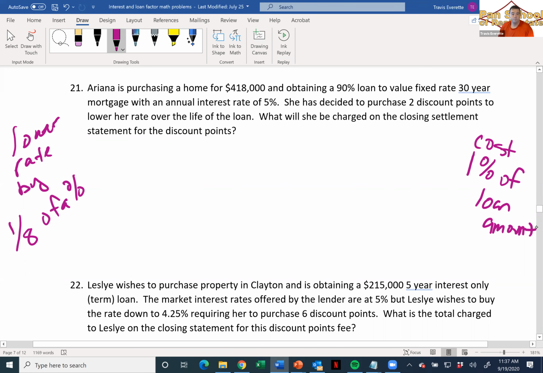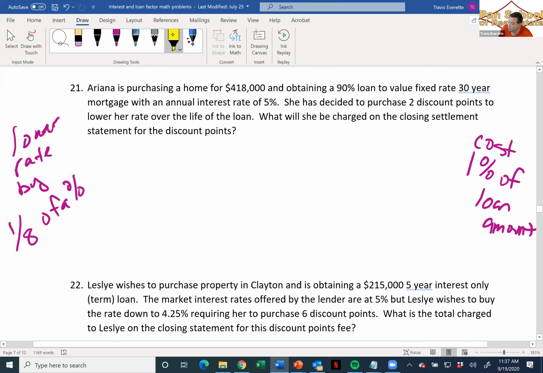Yes, Amber, we will. We will for sure. Okay. So with discount points, the cost of them is simply 1% of any loan amount. And if you look at this question, it says Ariana is purchasing a home for $418,000 and obtaining a 90% loan to value loan for 30 years with an annual interest rate of 5%.